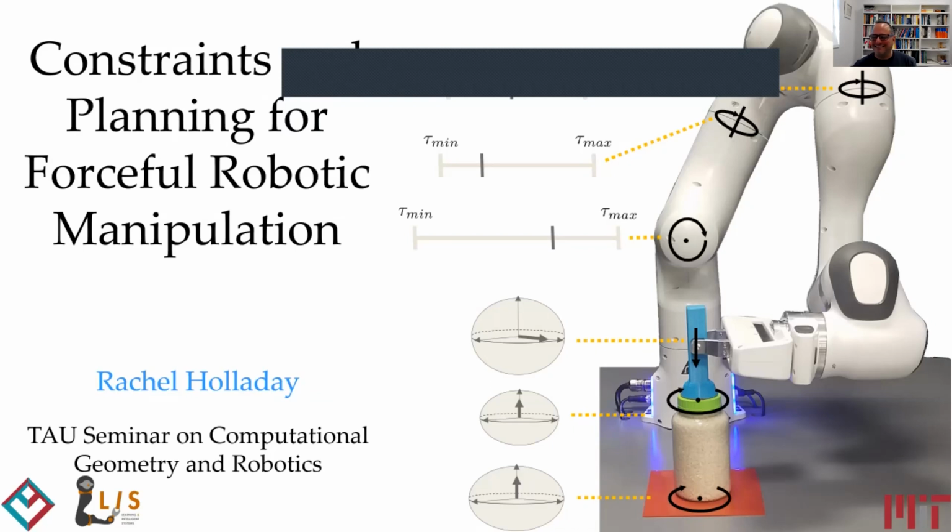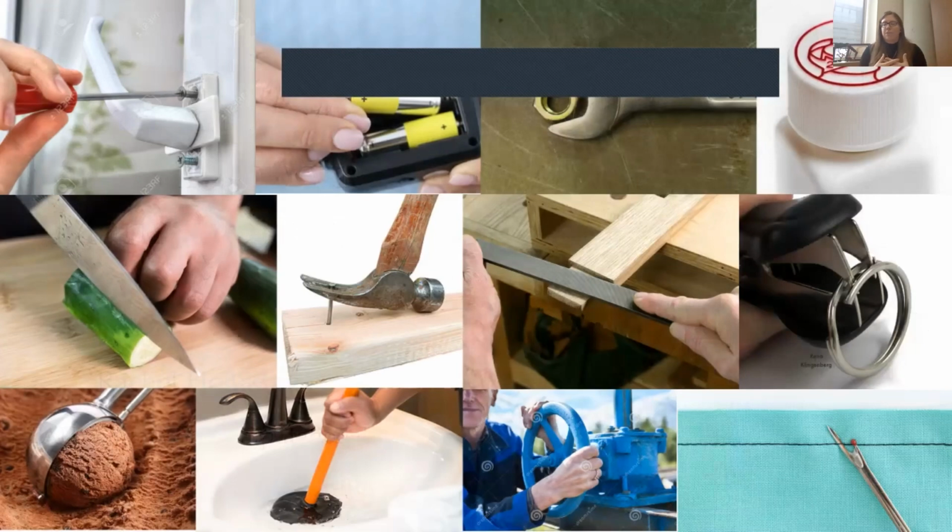Please, Rachel. Thanks, Dan. Yes, so as Dan mentioned, I'm in 2 labs, so this is work done in collaboration with both of my advisors, Tomas Lozano Perez and Alberto Rodriguez. We're all at MIT. Generally speaking, I am interested in constrained motion planning and contact-rich manipulation. The bulk of my graduate work has been focused on a specific category of manipulation tasks that we call forceful manipulation.